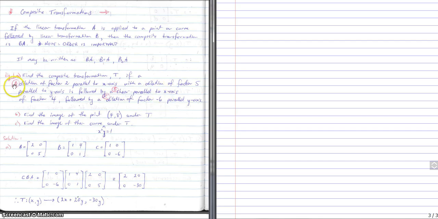So you'll notice here I've labelled them A, B and C, and that's just to give us names for our matrices which we'll write. Okay, so first of all let's consider the dilation both parallel to the x-axis and y-axis here, which forms our transformation A. So you remember that dilations parallel to the x-axis are A, 0, 0, 1, and parallel to the y-axis are 1, 0, 0, A. So that's on your information sheet.